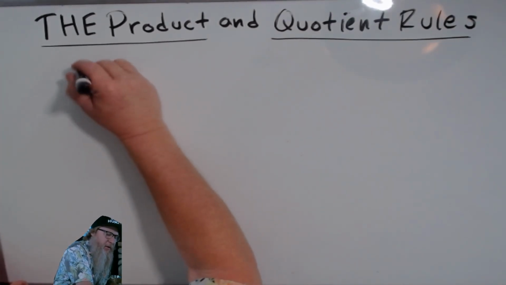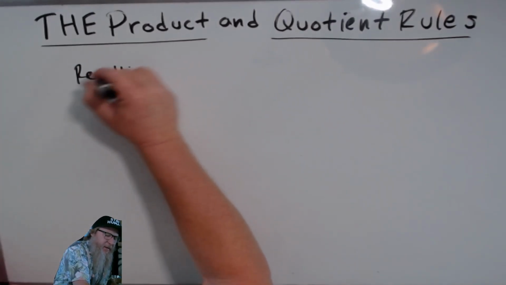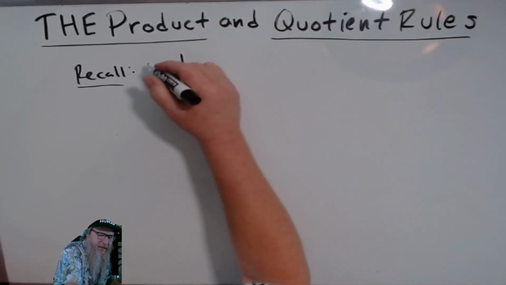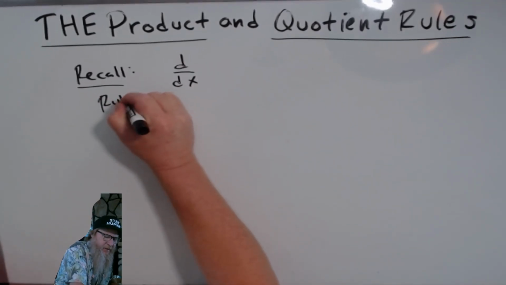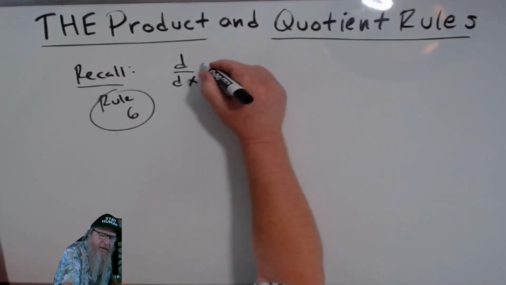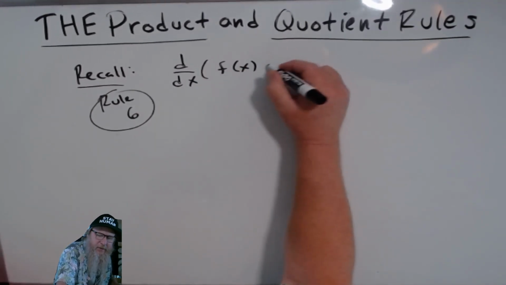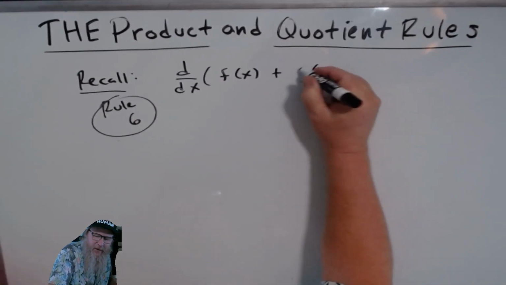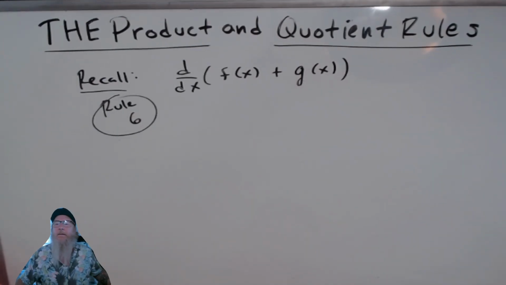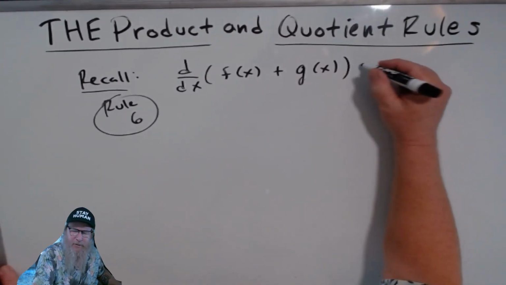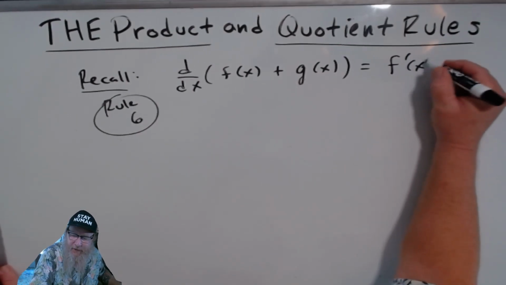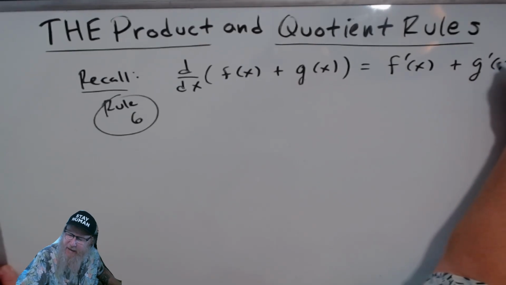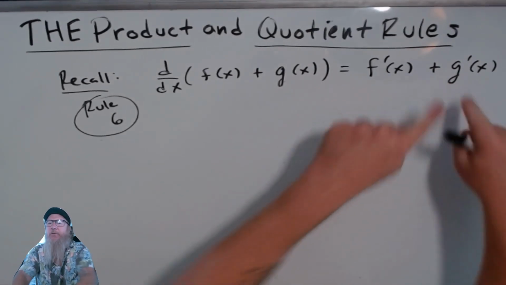So you might recall that we have, I guess, what I called rules number 6 and 7, if we were keeping track of the numbers, that said if you had the derivative of the sum, then you could just take the derivative of the first function and then the derivative of the second function and then add those two derivatives together.